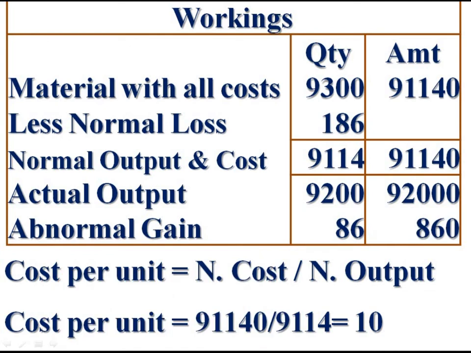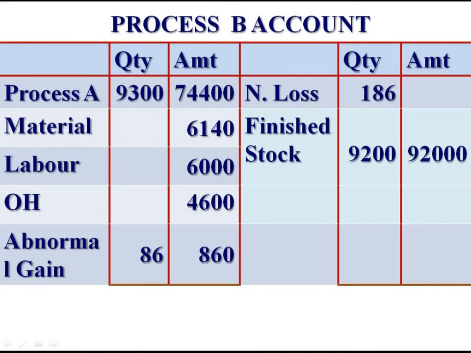Debit the abnormal gain in process B account and credit the output in process B account. In credit side, finished stock 9,200, rupees 92,000. In debit side, abnormal gain 86 units, rupees 860.